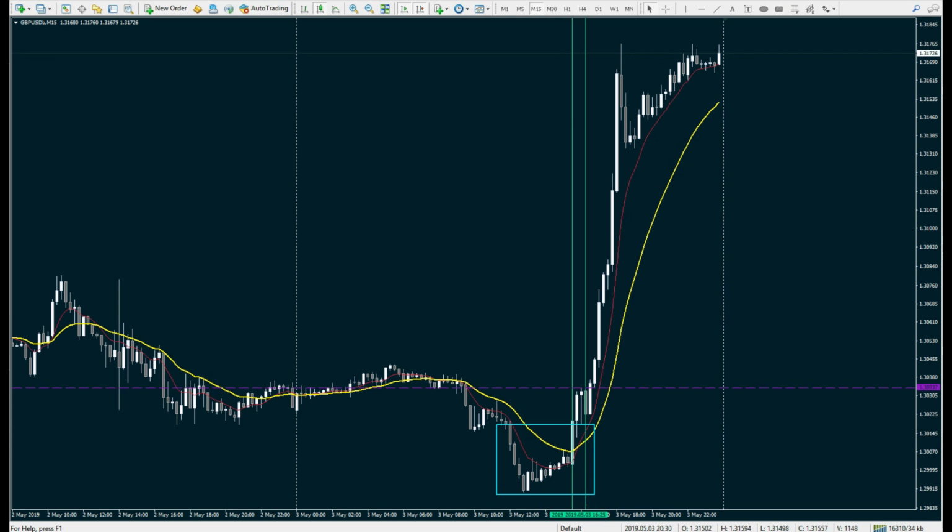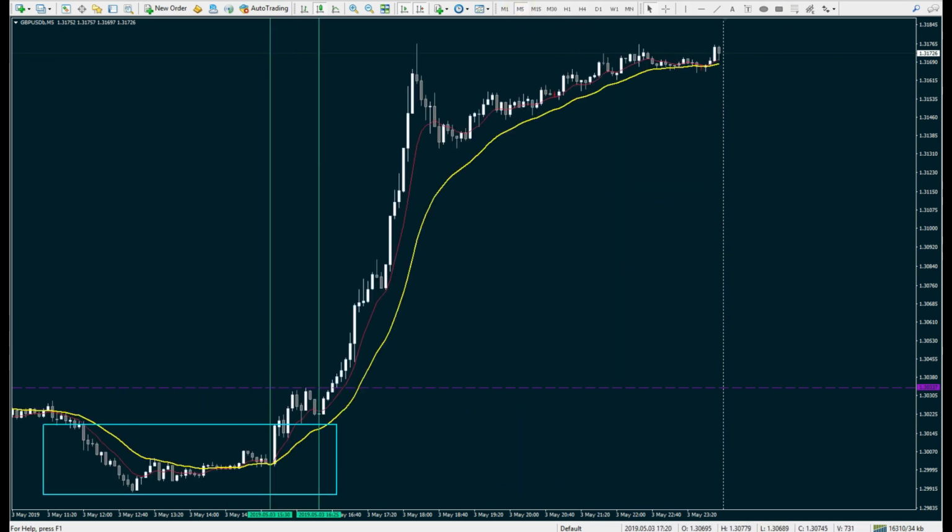Okay, and then if we go to the 5-minute chart, we now see that this W pattern goes up, then comes here in between this moving average and pushes a little bit, and this horizontal line is our area where we are 100% confirmed that this W pattern is going to work.